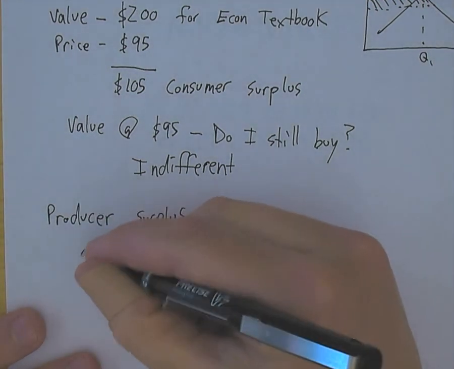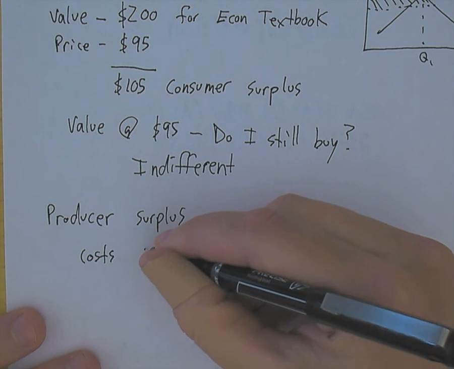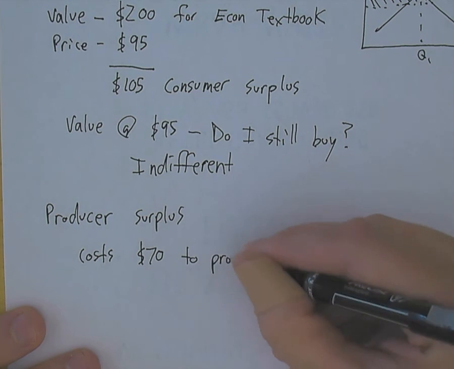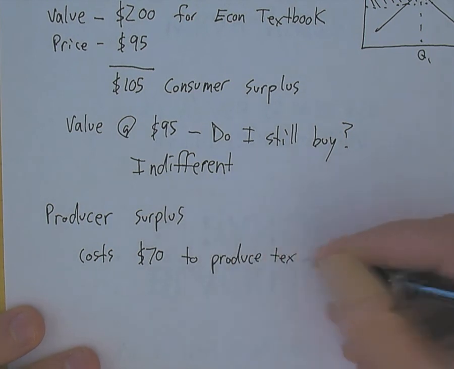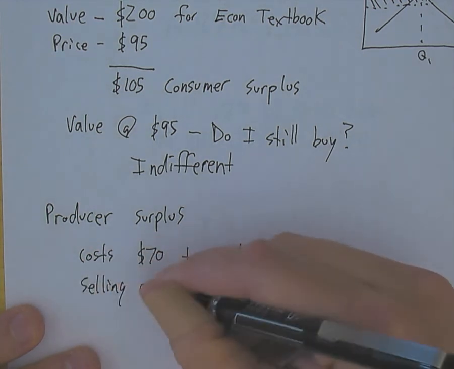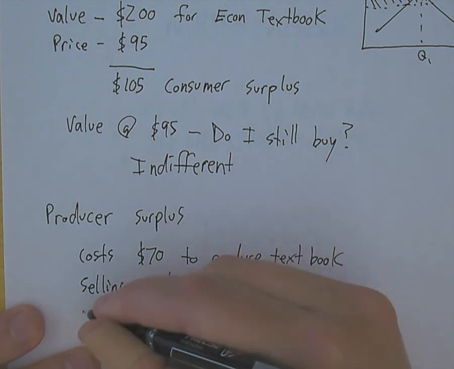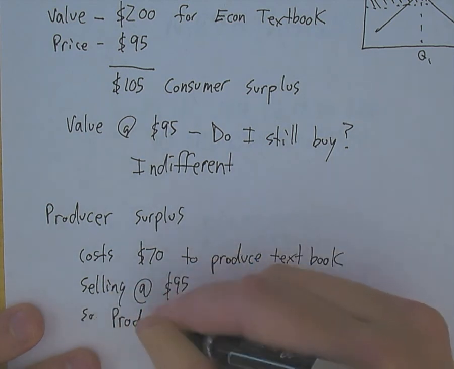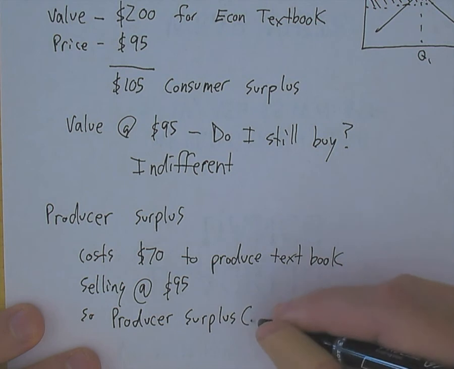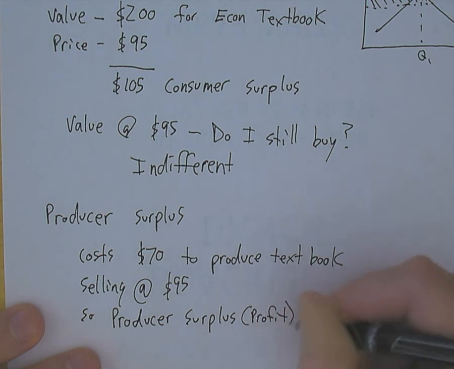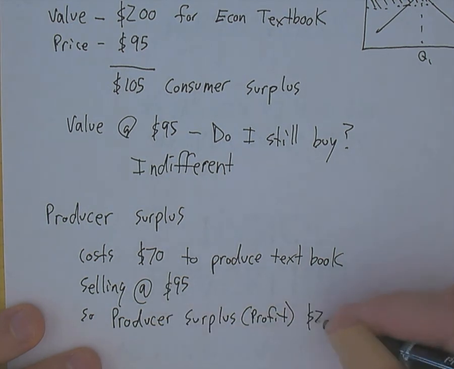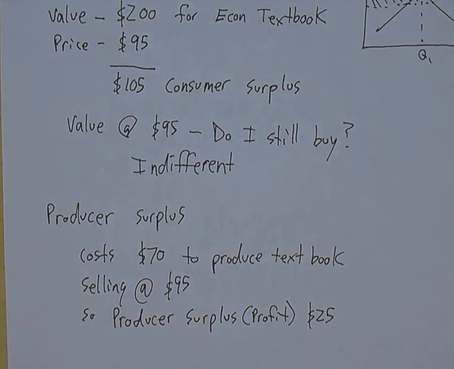Let's say that it costs $70 to make the textbook, and they're selling it at $95. So producer surplus, i.e. profit, is going to be 95 minus 70, so I have a producer surplus of $25. That's my profit from each book that I sell.